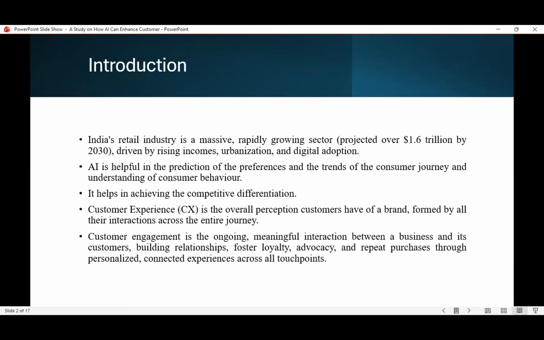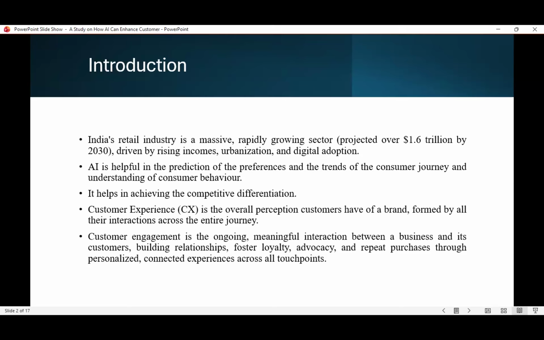out there, right? Now when we talk about customer experience, it is nothing but the communication between a customer and a brand, and with that interaction, what perception they have formed about that brand or about that organization. Based on that interaction, that is your customer experience.